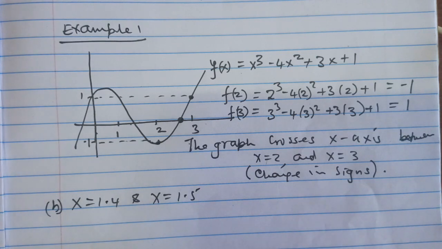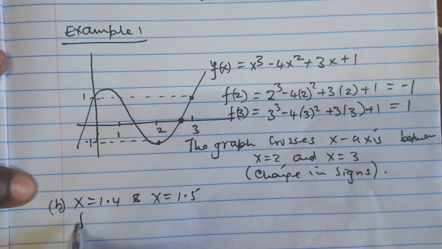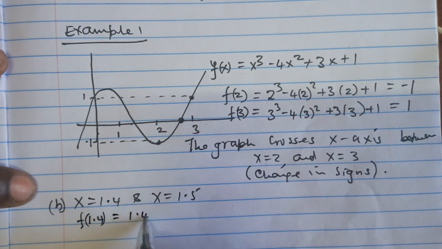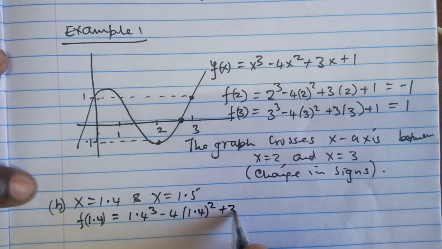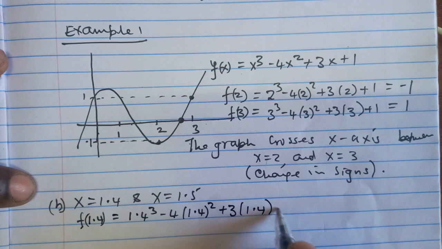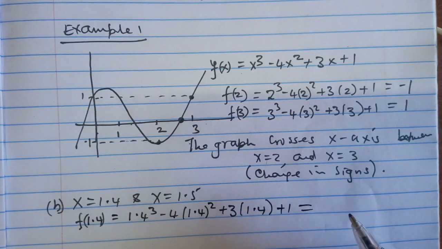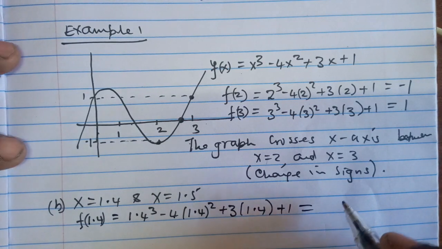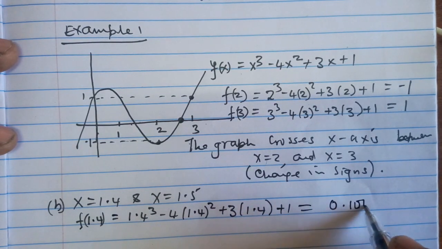The only thing we need to do is to simply substitute x with 1.4. f(1.4) is 1.4 cubed minus 4 times 1.4 squared plus 3 times 1.4 plus 1. If you apply the calculator correctly, you'll realize that f(1.4) is 0.104.